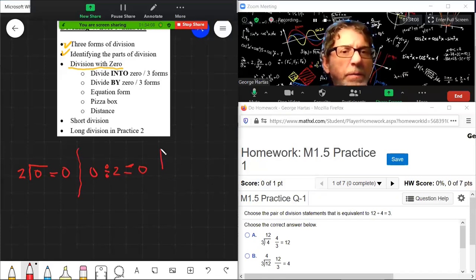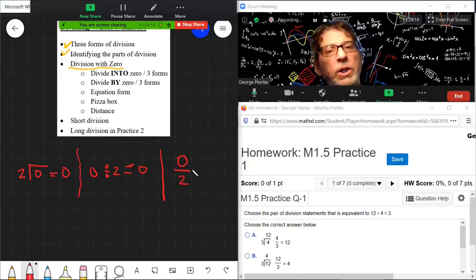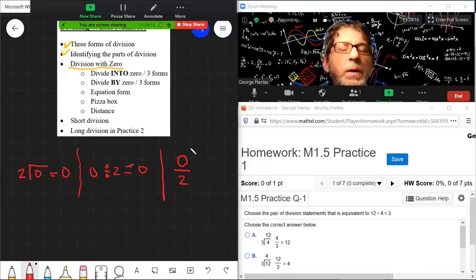Then finally, we have this format, 0 divided by 2. Now you can think of this fraction as part over the whole. Okay, you'll see that in Math 50. Part over the whole.